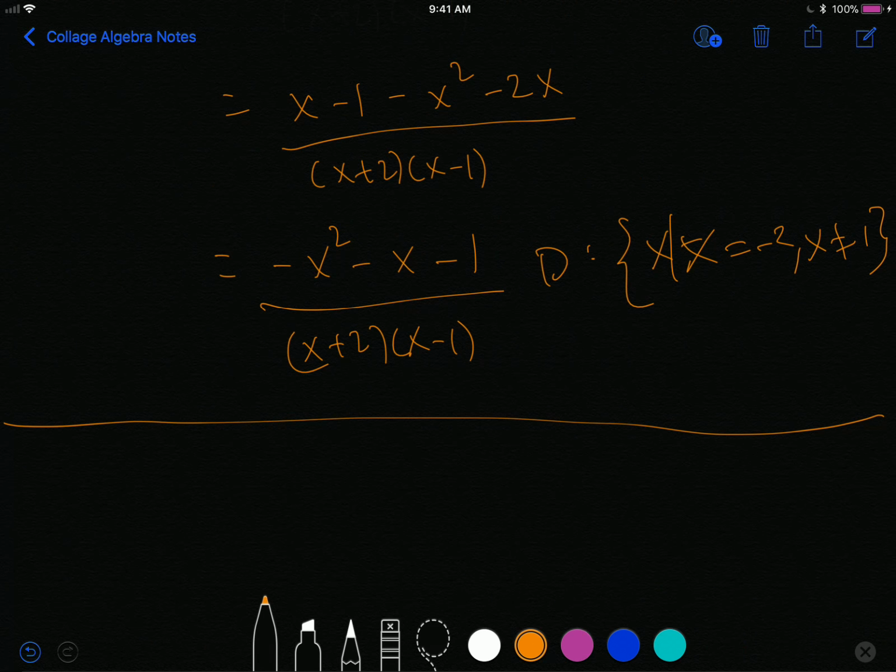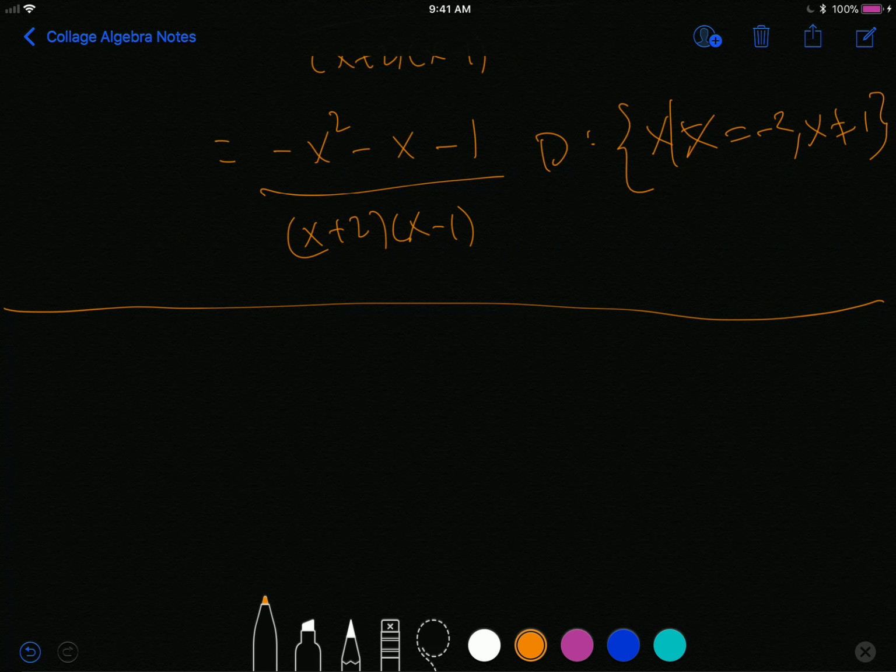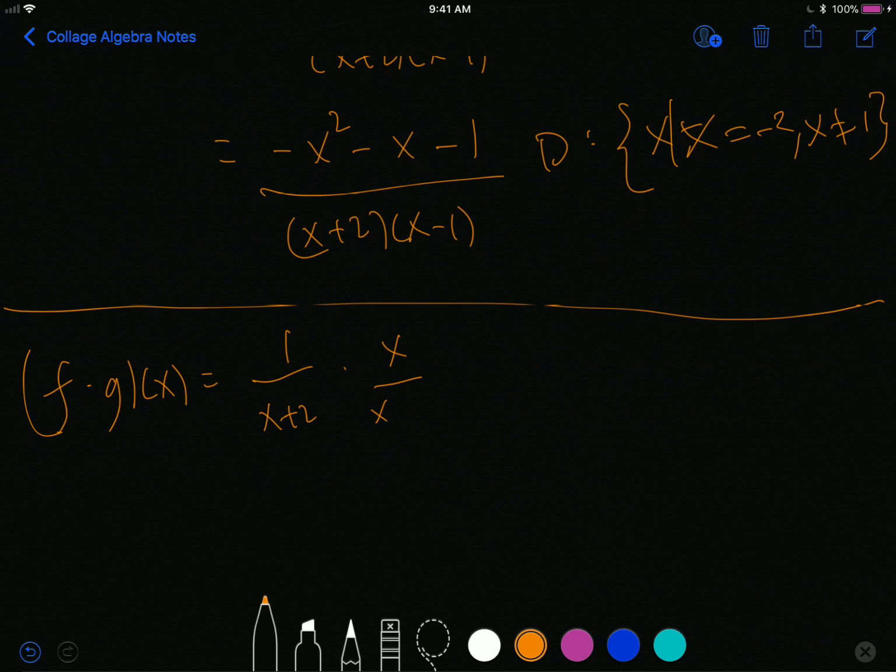So far so good, right? What about multiplying them together? f times g. f times g of x is the product, so you just put them next to each other: 1 over x plus 2 times x over x minus 1. And of course, you just multiply across. 1 times x is x.